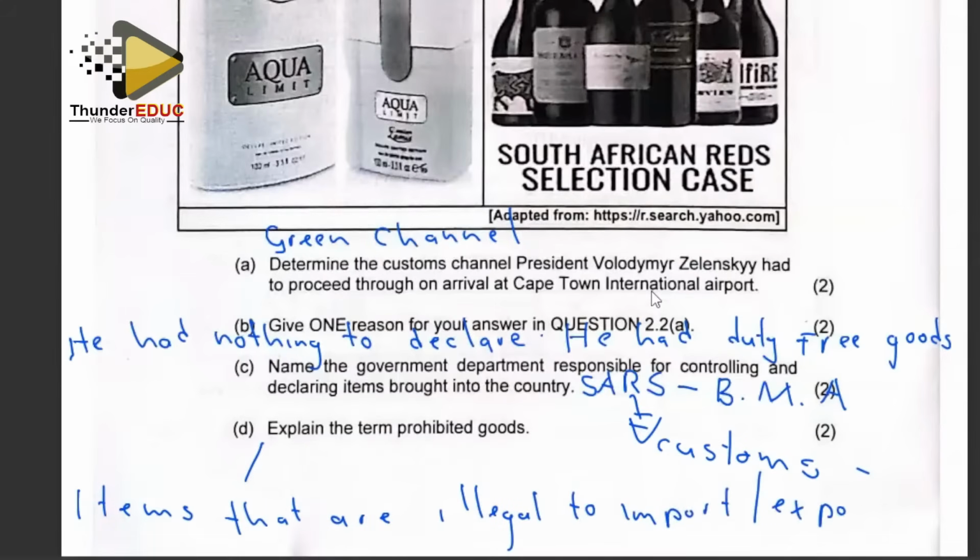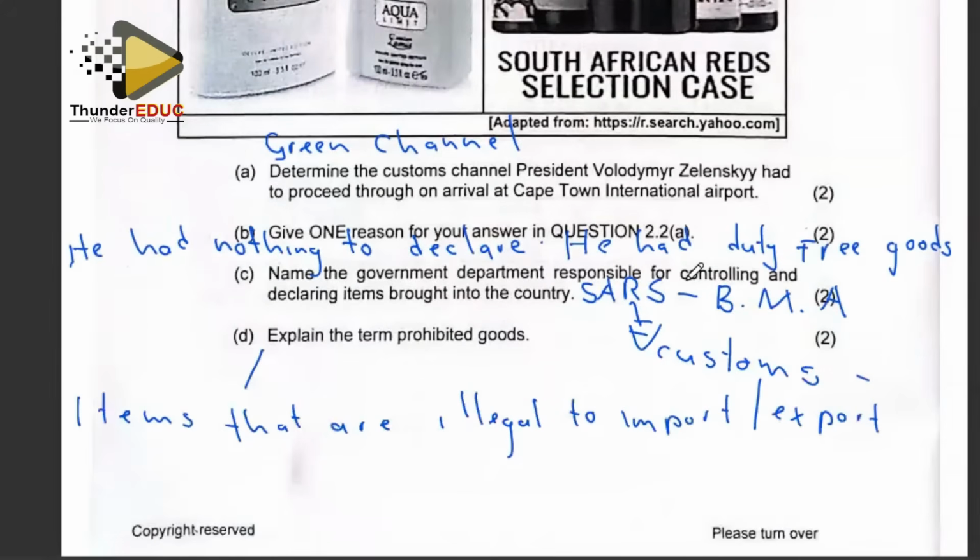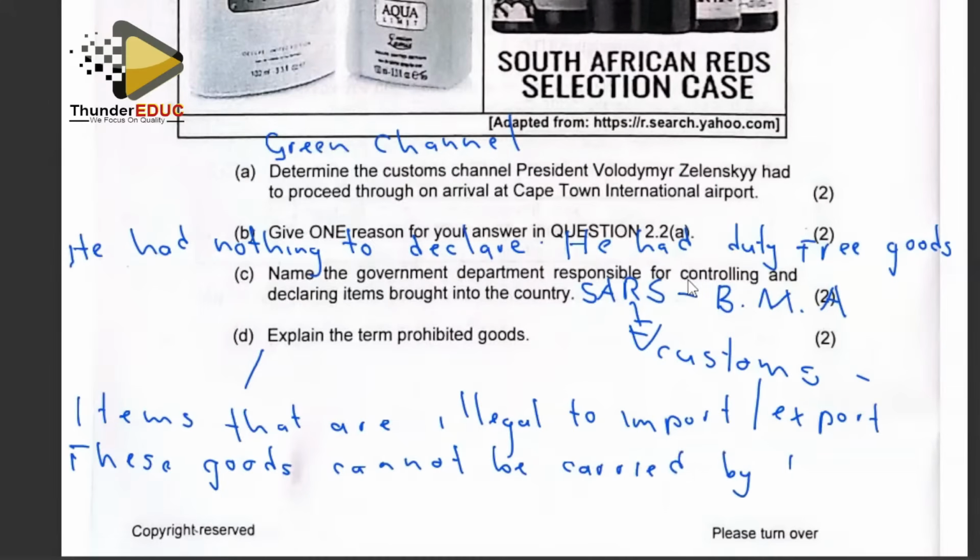So these are items which are illegal to bring into the country, such as explosives and other things. These are goods which cannot be carried by travelers into or out of the country.